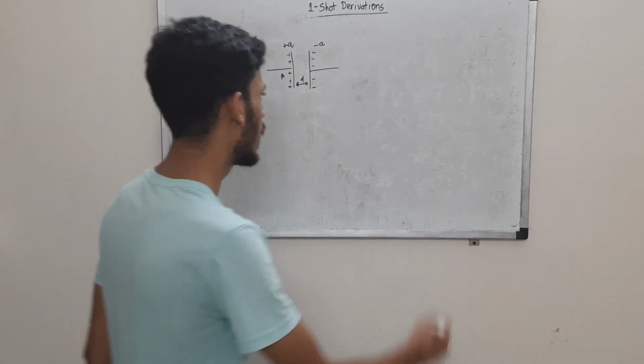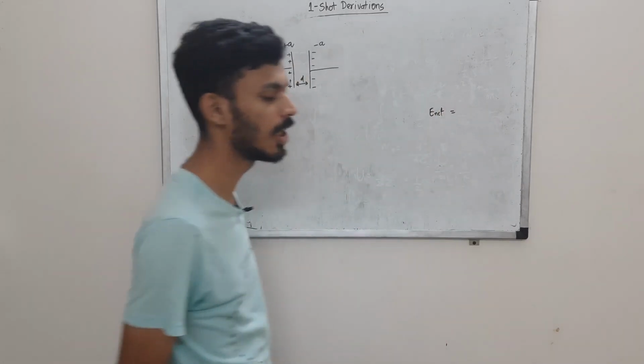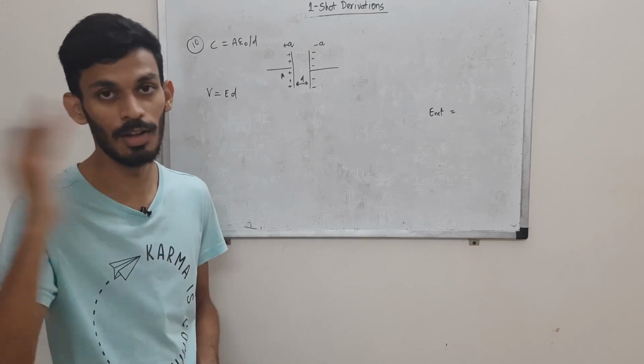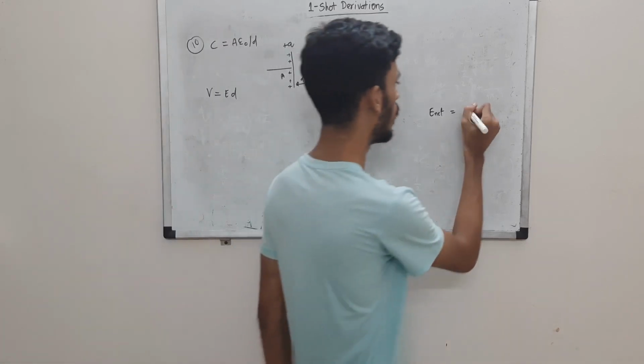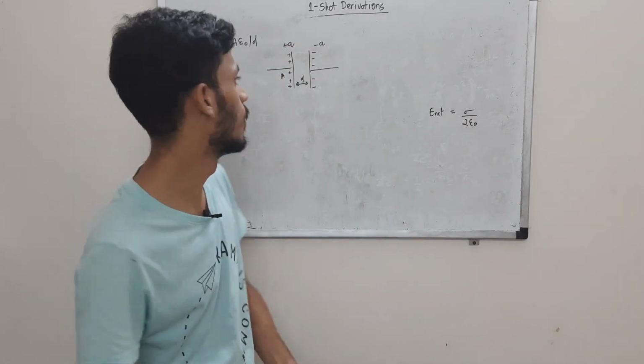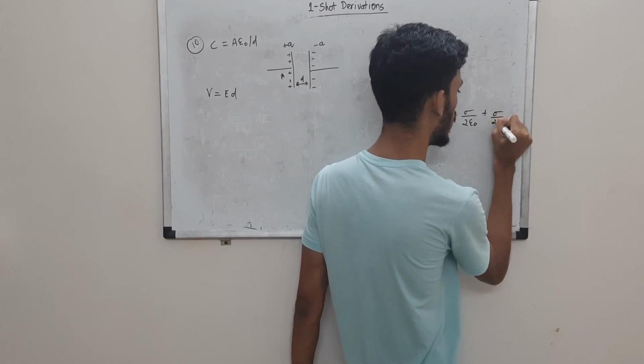Now the electric field due to a single thin sheet, which we discussed in the previous chapter, is sigma upon 2 epsilon naught. Here we have two plates, so sigma upon 2 epsilon naught plus sigma upon 2 epsilon naught.